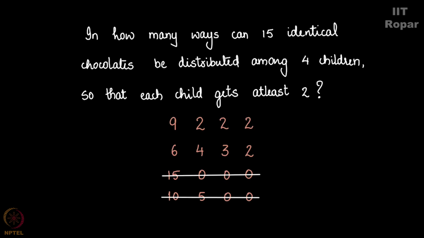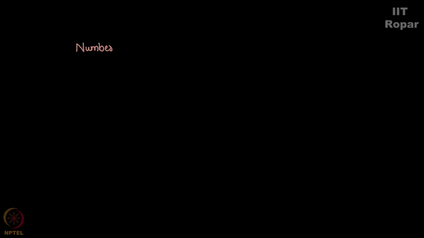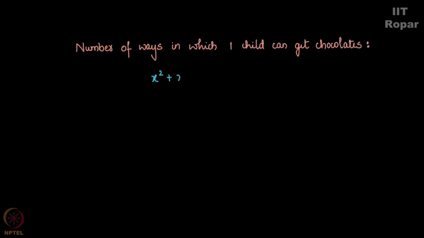But don't you think it is very cumbersome? Here is the importance or significance of generating functions. I can represent this difficult problem using just one expression and you will be able to figure out the answer very soon. Now, the number of ways in which one child can get chocolates can be represented as x square plus x cube plus x to the 4, so on up to x to the 15.